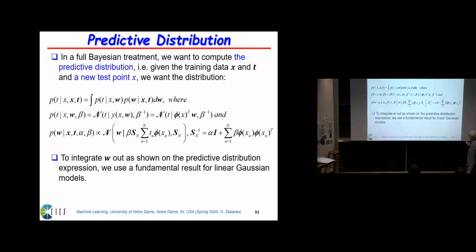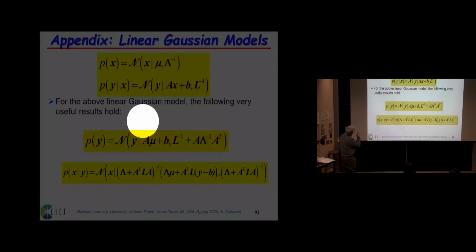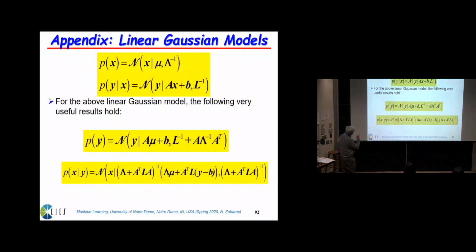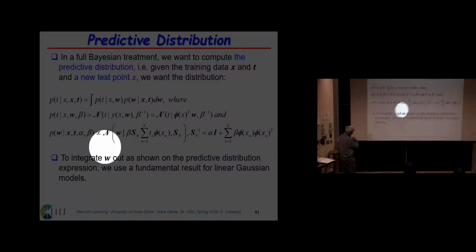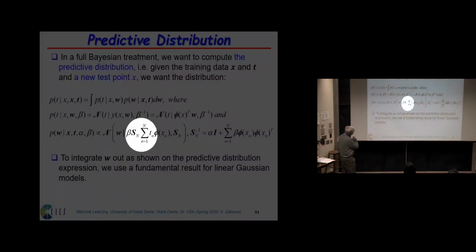The mean of t, right, is linear in what variable? In w. So w plays the role of x here. All right? And to use those formulas, you will need to have P of x. Do we have P of x? Of course we have. We have P of w given here with this mean and this covariance.